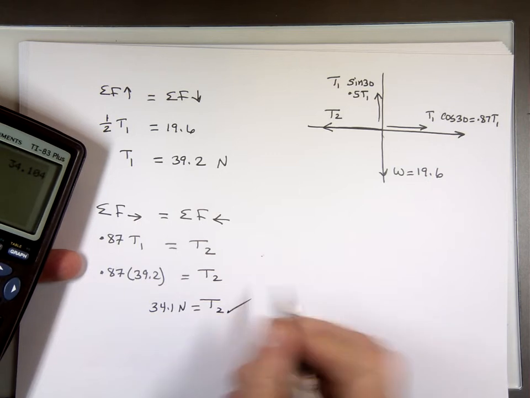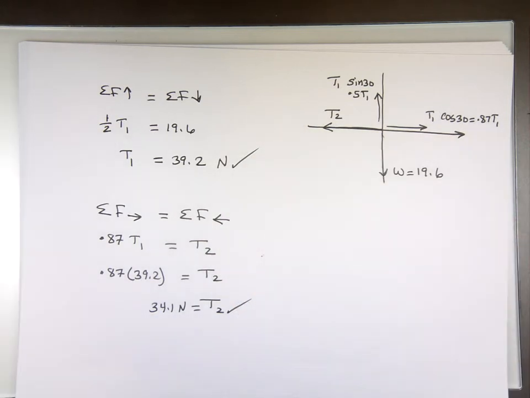Notice the two numbers: are they the same? Is T1 equal to T2? No. So if the angles are not the same, the values will not be equal. I'll take another one and put different angles in it.